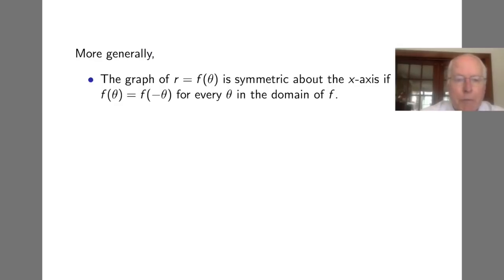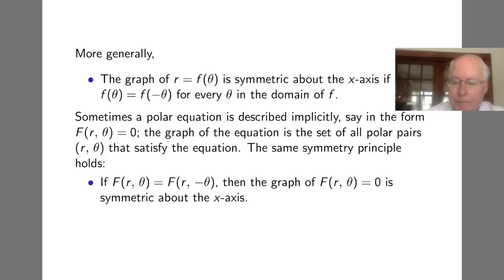So more generally, if we have a graph r equals f of theta, this graph is symmetric about the x-axis if f of theta equals f of minus theta for every theta in the domain of f. Sometimes polar equations are described implicitly, say in the form capital F of r comma theta equals 0. We dealt with implicit functions long ago in Calc 1.